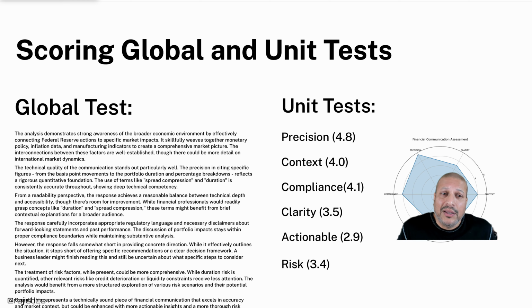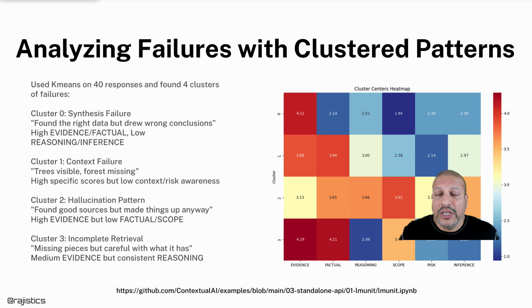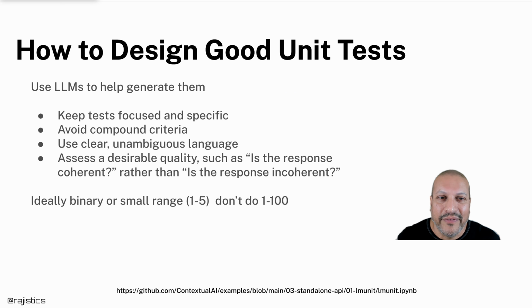Versus if I just use that global test, there's a lot of stuff for me to read through to figure out where the model is going wrong. The great thing with unit tests is you can even combine them, cluster them together, and find patterns in them. I have a whole notebook and worksheet showing you how to do this. Hopefully the light bulbs are going off here. As you look for errors, you can group them and look for larger clusters of errors along the way.